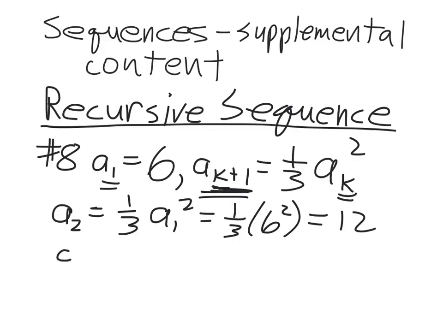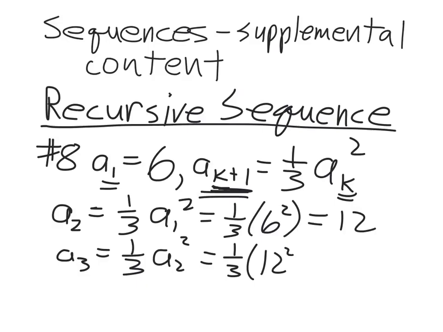So then a sub 3 would be 1/3 times a sub 2 squared. And of course, 12 squared, 144 times 1/3. I'll let you grab your calculator and do that. But that's what we mean by a recursive sequence.